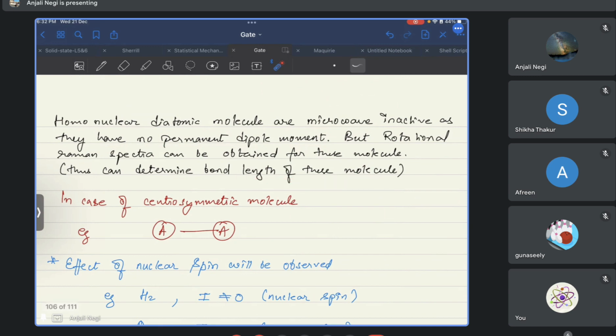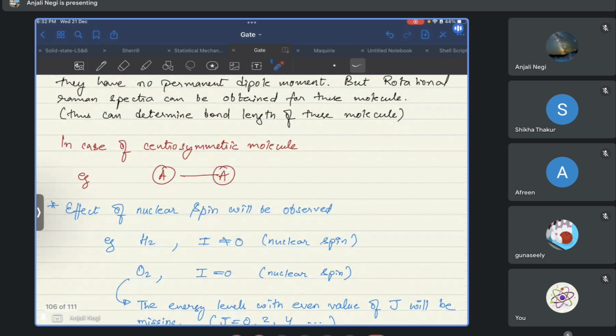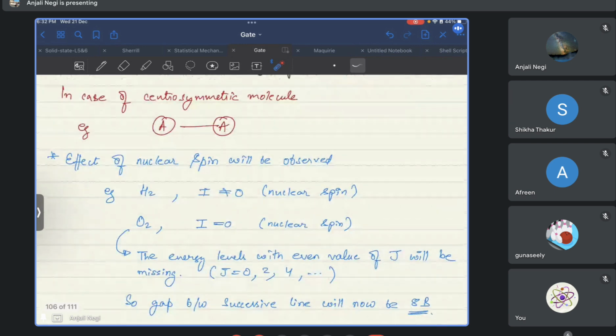In the case of centrosymmetric molecules, having a center of symmetry, for example homonuclear molecules, for example A2, which is here AA, we observe the effect of nuclear spin. So what is the effect of nuclear spin?